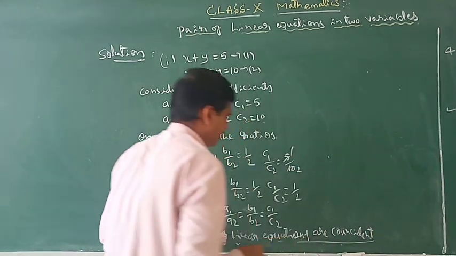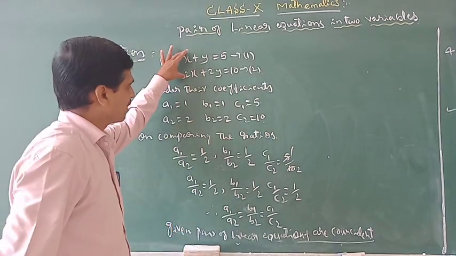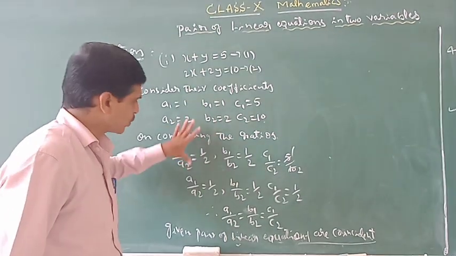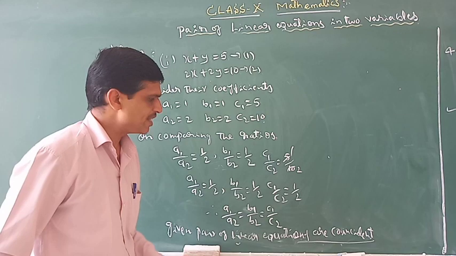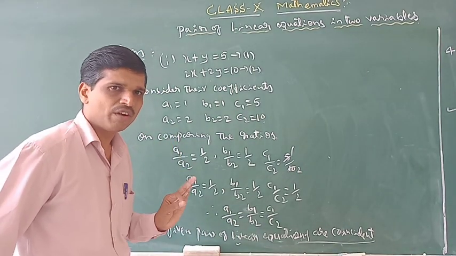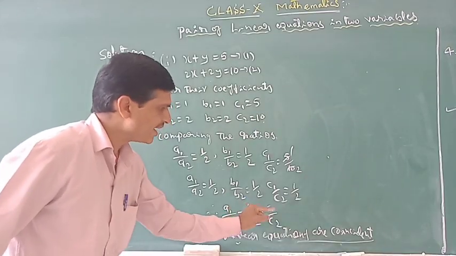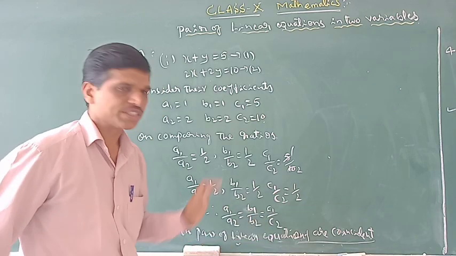Why are they coincident? Because on comparison of their ratios, we conclude that all the ratios are equal. It means the lines represented on a graph appear coincident. That is why these are a coincident pair of equations, meaning the lines coincide.